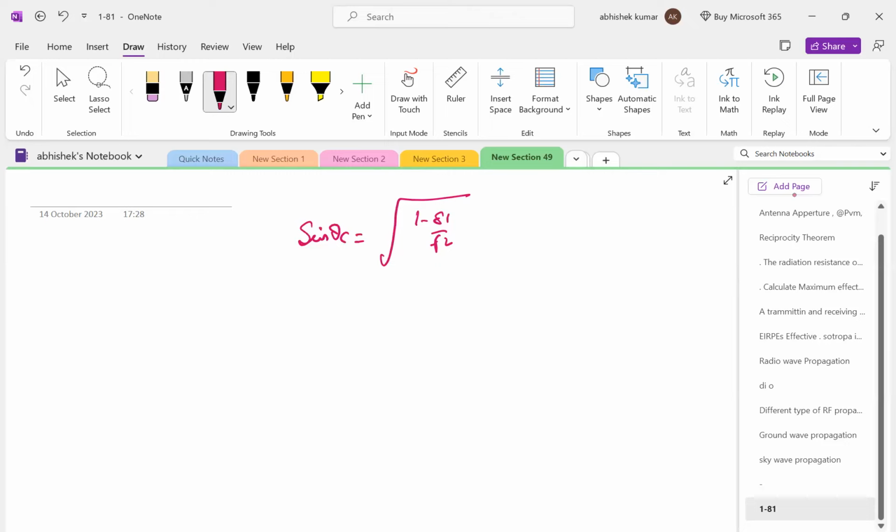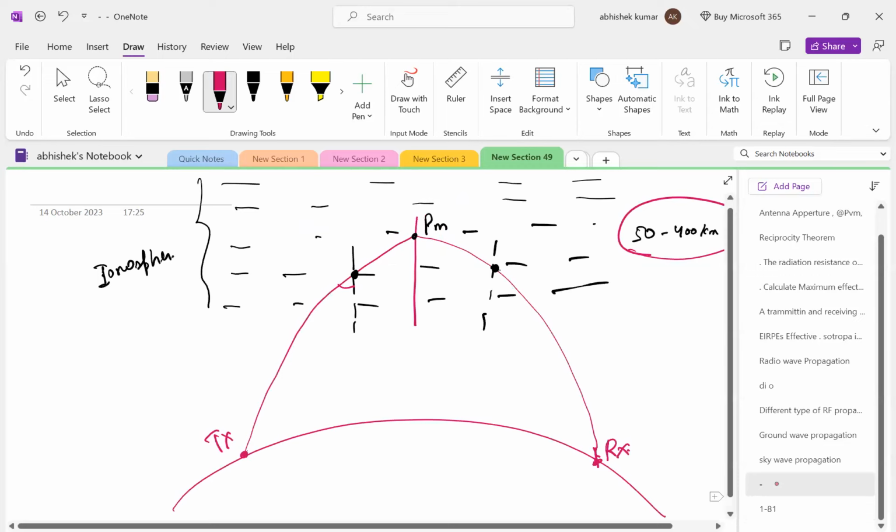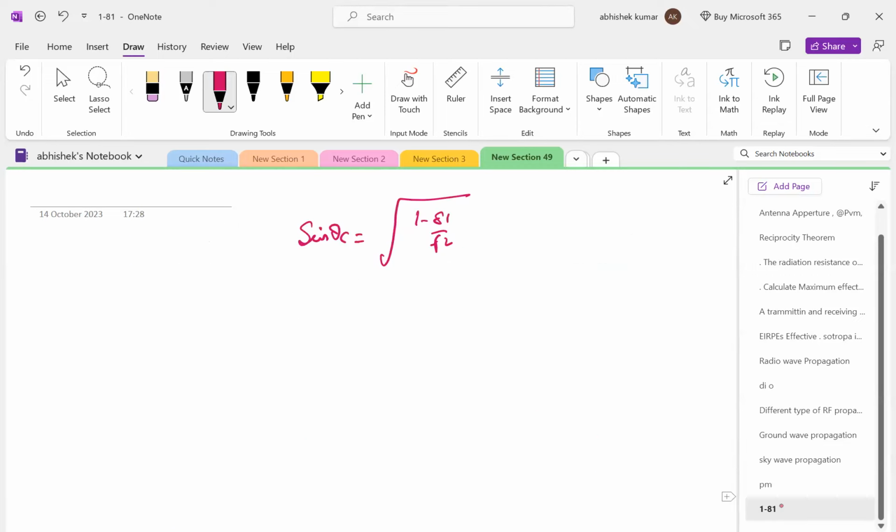Critical frequency is the maximum frequency that can be reflected by an ionosphere when theta I is equal to 0, at a vertical incidence. Then our refractive index will become sine theta I by sine theta r, and it will be 1 by 80 into fc.